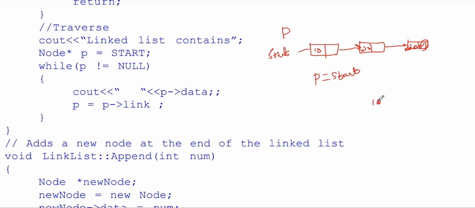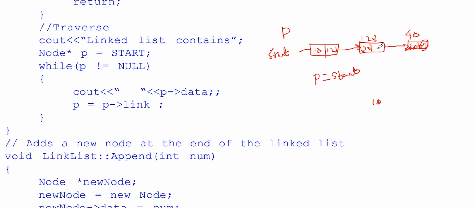So this 10 is displayed. How? p arrow data, using pointers to objects. I think you already have explained this one. Next, I have to go to the next node, so I'll update the value of p. What was p pointing to? Now link of p. Link of p means, let us assume it is some address, 1, 2, 3, and this is some address, I'll write 40.